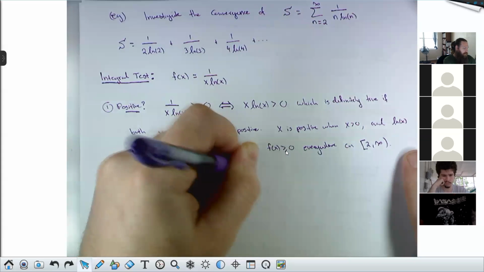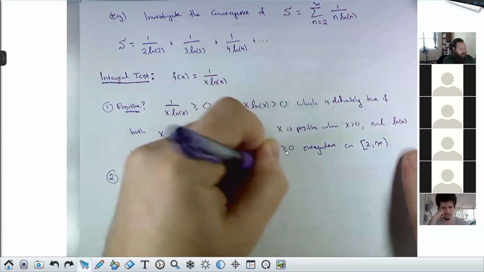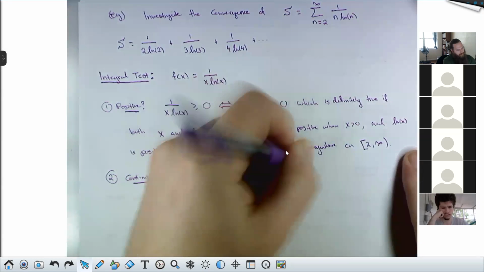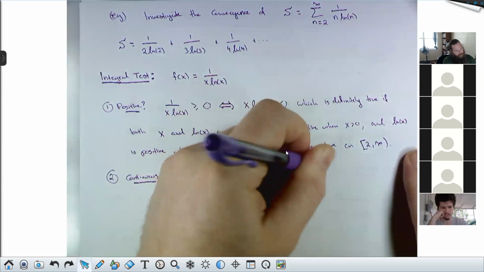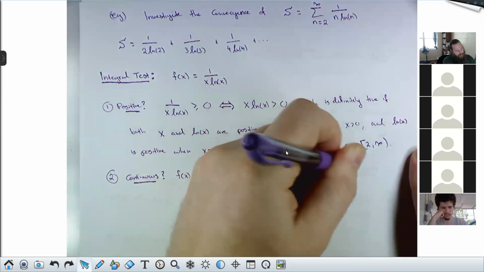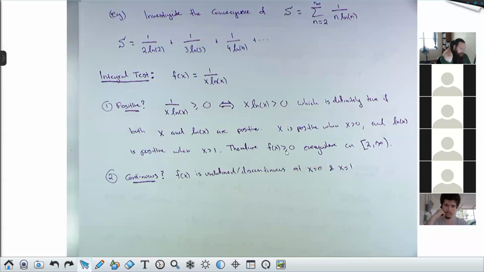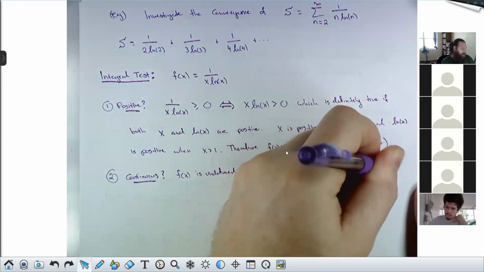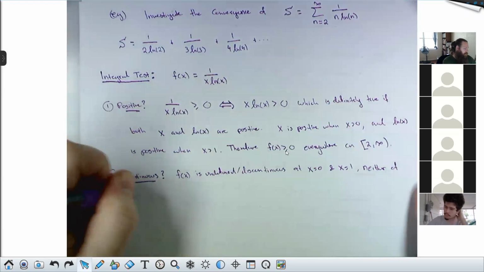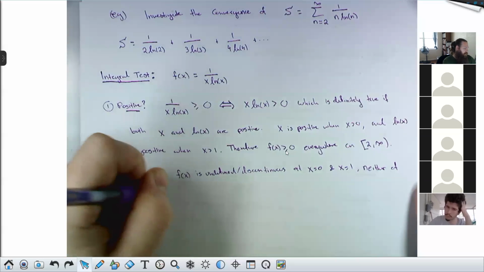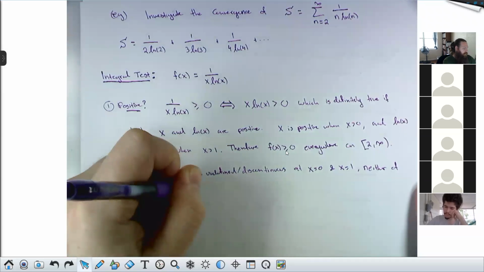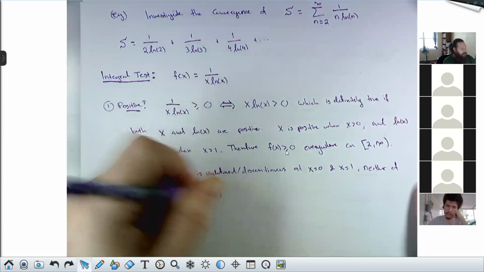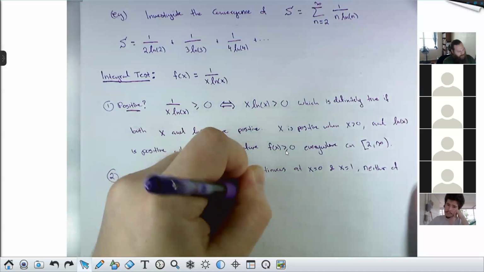Good, which are both less than 2. So in our interval, it's continuous everywhere. Good. That's exactly the way we want to phrase this. So f of x is undefined, discontinuous at x equals 0 and x equals 1, neither of which lie in the interval 2 to infinity. So we're good.